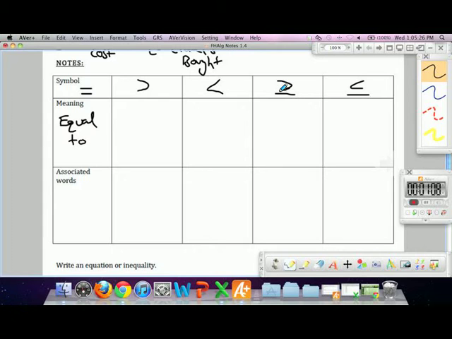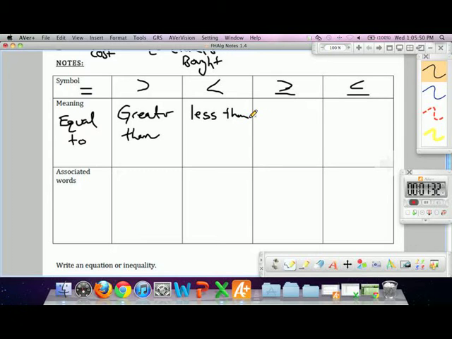If it opens up to the left, it's called greater than. If it opens up to the right, it's less than. What if it has the bar underneath of it? Greater than or equal to.